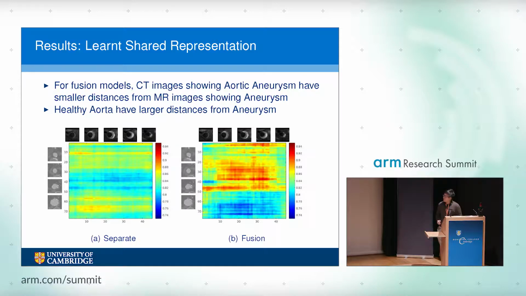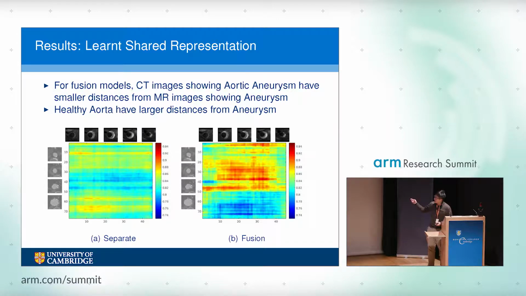For the fusion model, what we observed is that for the CT image showing the aneurysm, you can imagine the CT images start from here and end here, numbered from 1 to 72. The CT image starts showing the aneurysm around image 52, so you can see it's the bottom part of the region.